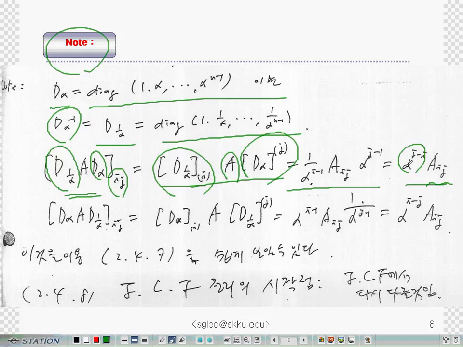What that means is we just multiply alpha to the power of j minus i times the ij entry of the matrix A. What this means is that by a similarity transformation, we can always control the size of each entry of a matrix.